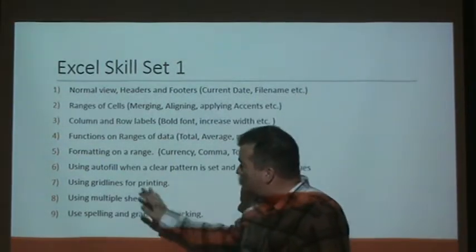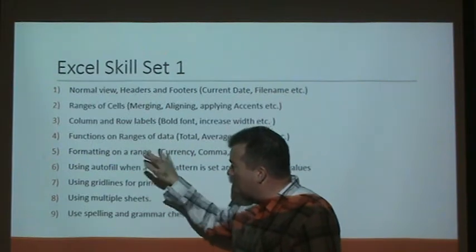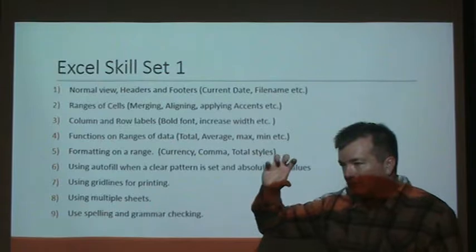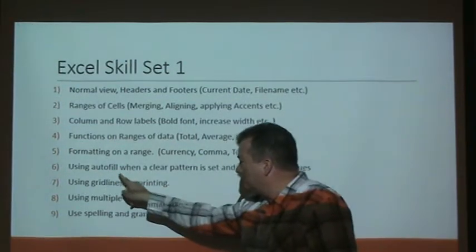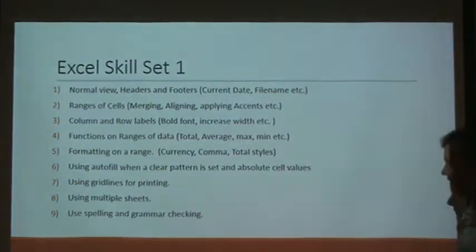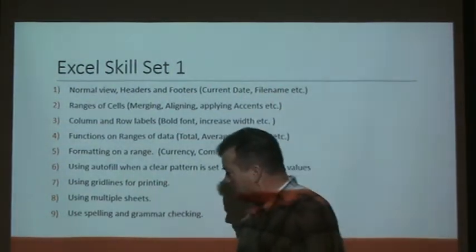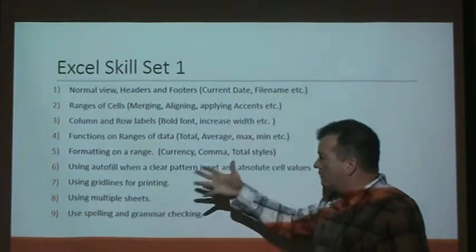So once we go over how we can do functions in cells and formatting the cells, we may have a pattern that we want the function to be repeated everywhere. So we can autofill when a clear pattern is set, and we can use absolute cell values if needed. So we'll get into that shortly. We can use grid lines when printing.